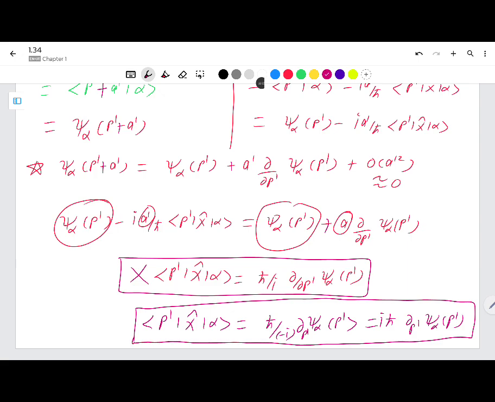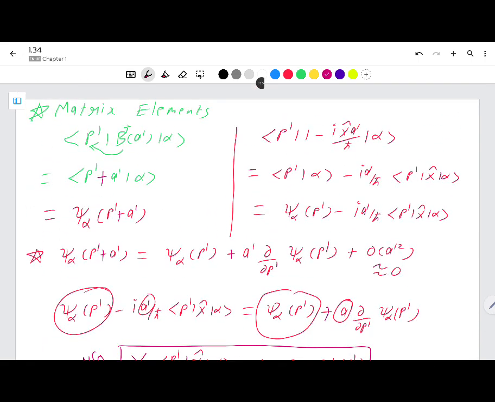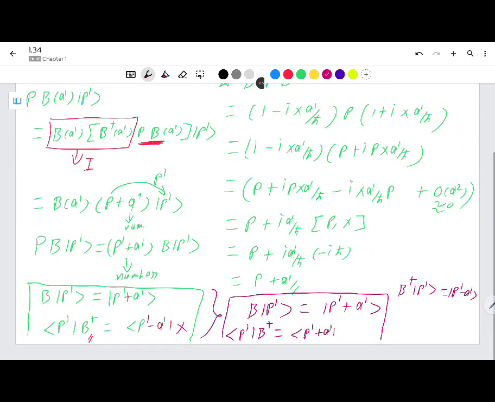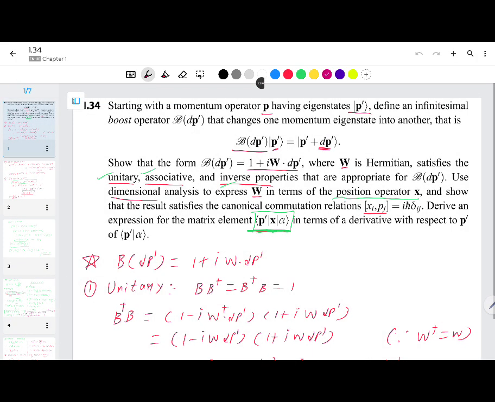Okay, this is the right one. So keep in mind how one small sign can make big differences. Okay, so I think we found this.